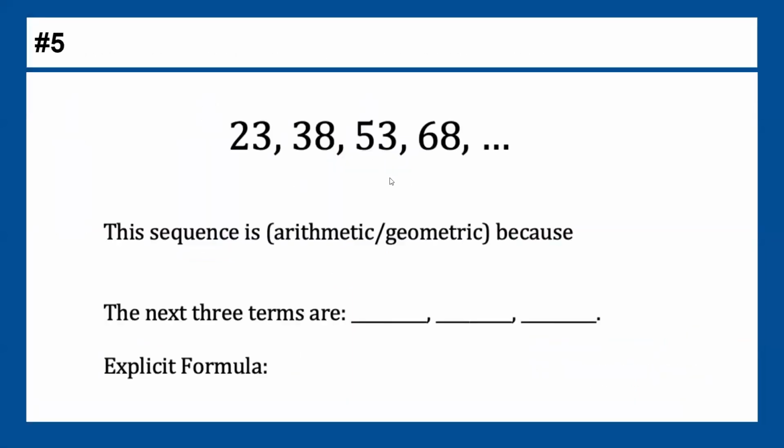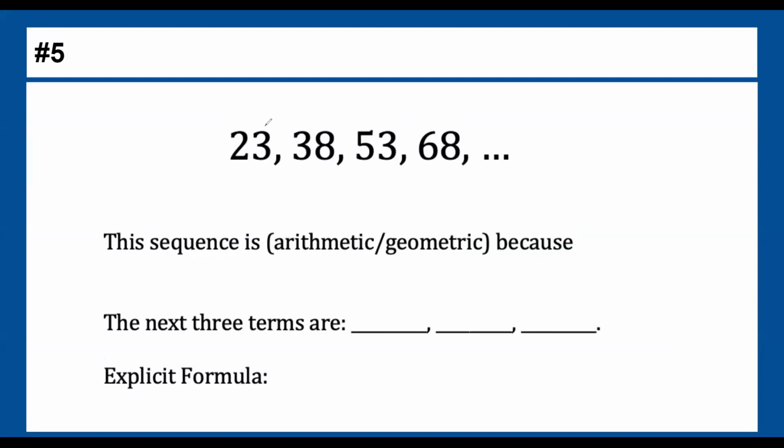Okay, so is this sequence arithmetic or geometric? Well, to figure this out, we need to determine the common difference or the common ratio. So here, let's see here, I'm adding 15. Here, am I adding 15 again?